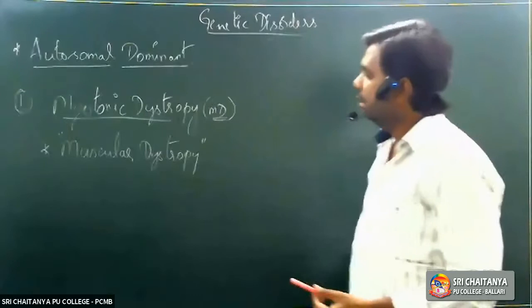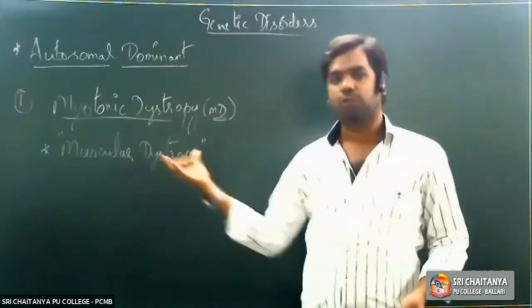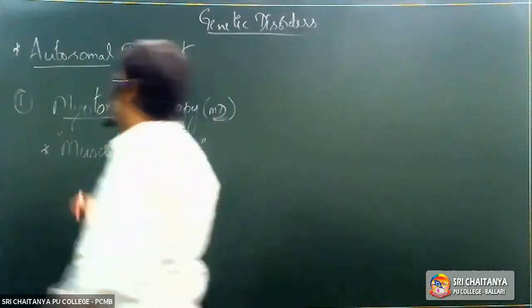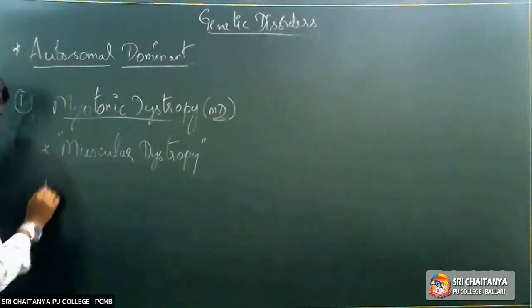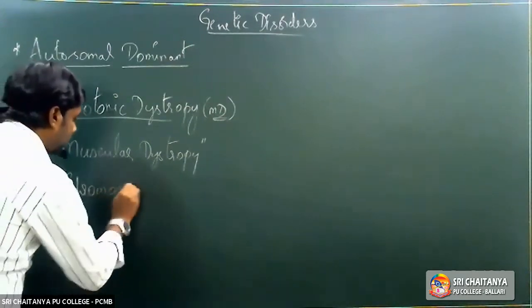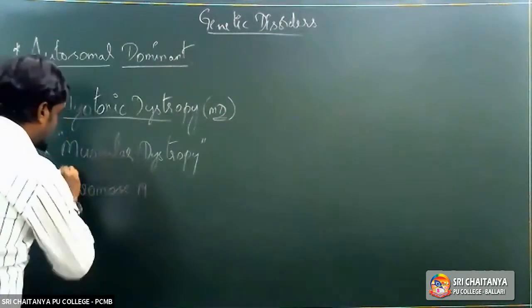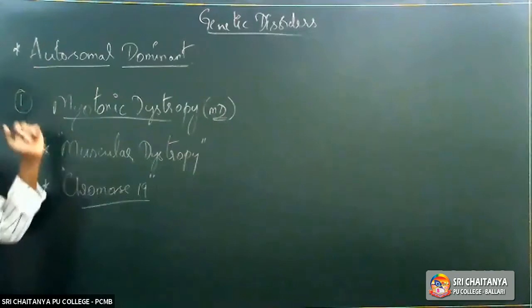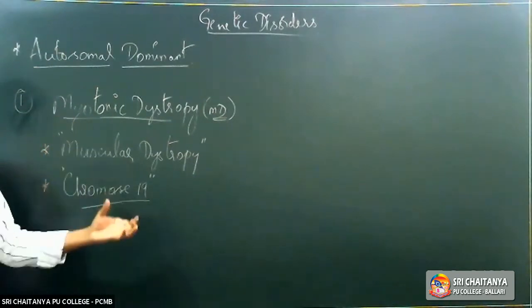Now, how exactly is myotonic dystrophy caused? It is caused because of a mutation of a gene located on chromosome number 19.